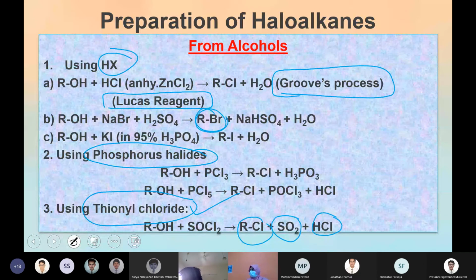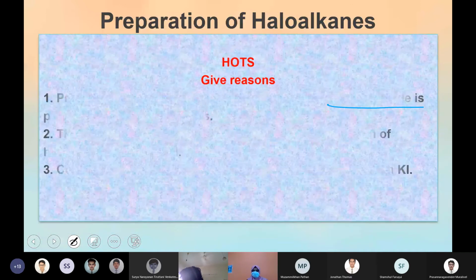But when you are using thionyl chloride, no other separation method is required, because both byproducts are gases and they will escape. They can be easily removed, so you directly get the product and don't need further separation, as the other two byproducts are in gaseous state and escape from the vessel. That is why this is one of the important questions they used to ask.